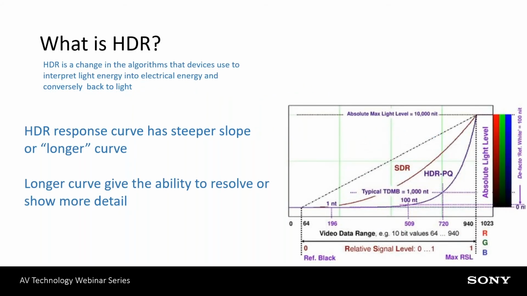I'm not going to go through all of this, but basically, it is a change in the algorithms that the camera or whatever device creates the image uses to take light energy and turn it into electrical energy. That change in the algorithm is metadata that rides along with the signal and tells the display device what algorithm it used so it can reconstruct it accurately.